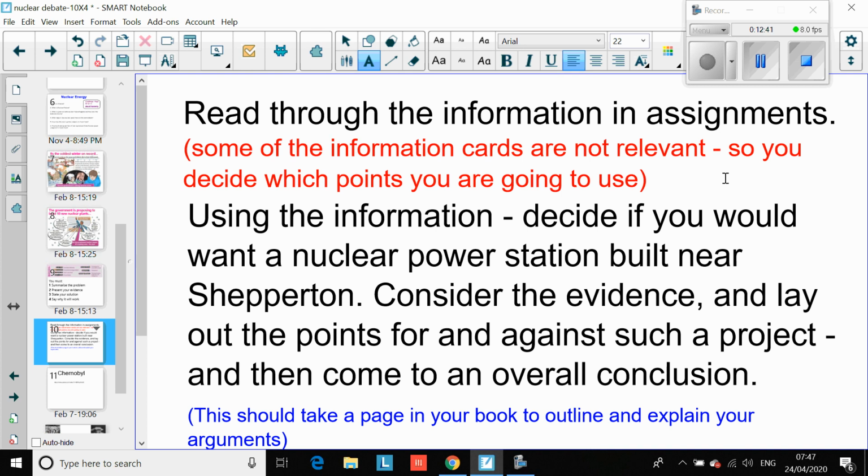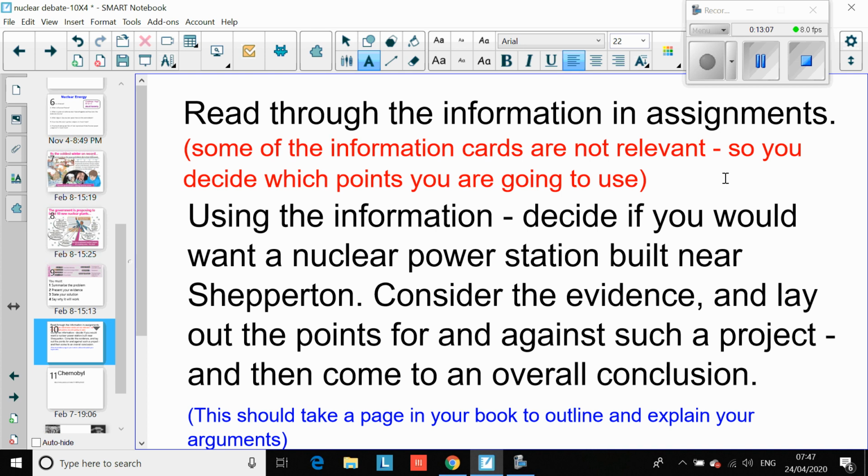Right, so there's a bit of information, and then there's about 5 pages, I believe, of argument cards. These are points which give the good points about nuclear power stations and also the bad points. What I want you to do is summarize some of these points and then make a reasoned and cogent argument as to whether or not you would want a nuclear power station built near Shepperton.